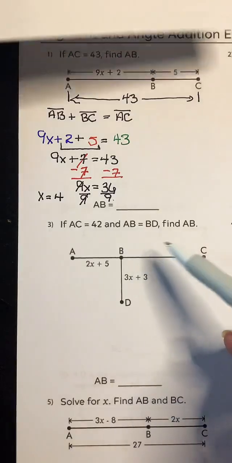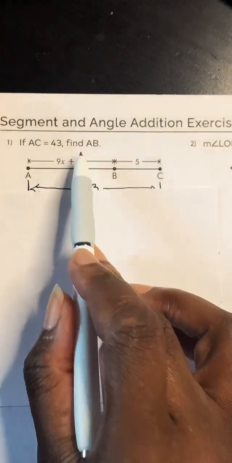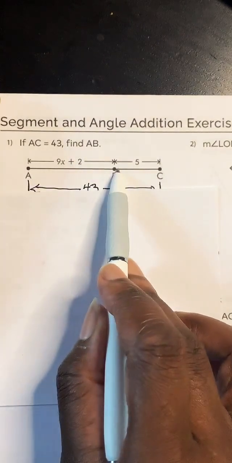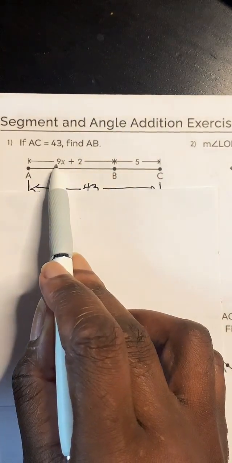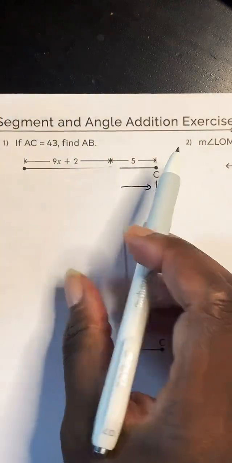But as they said up here, they want you to find AB. So that means we're going to take that 4 and plug it in for the x.